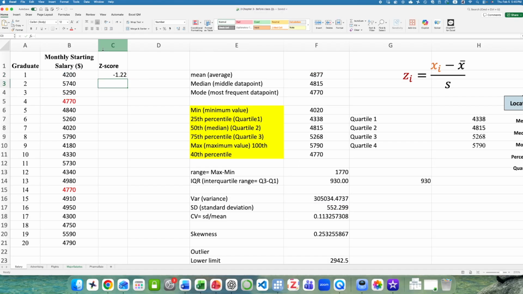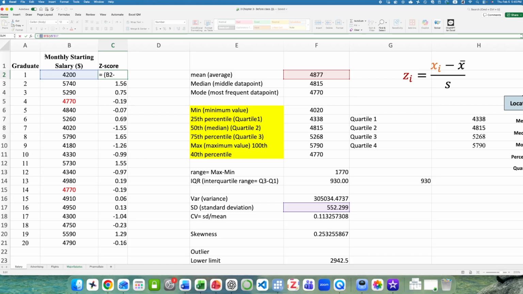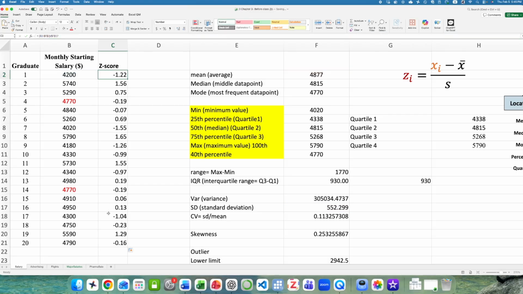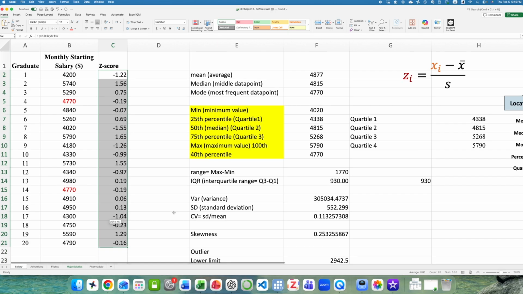Click enter. Now I can repeat this for the other cells. Note that I didn't fix the B2 because as I'm repeating this function for other cells, I also want B2 to change based on the selection of the cells in the rows below. So this is the z-score of each data point.